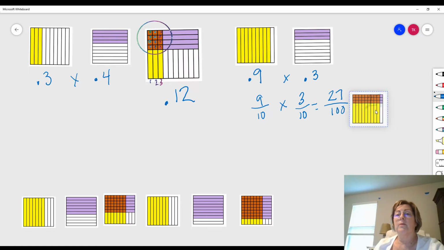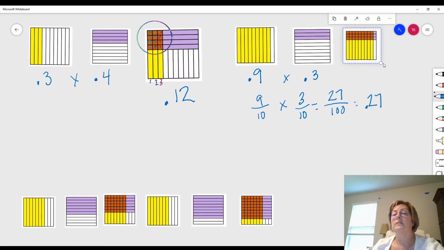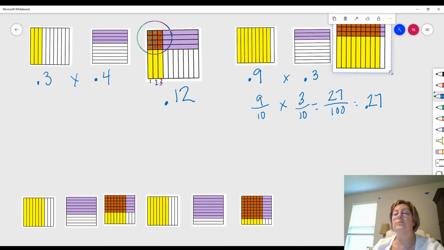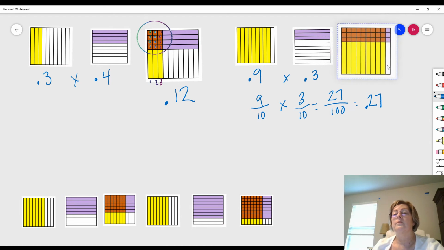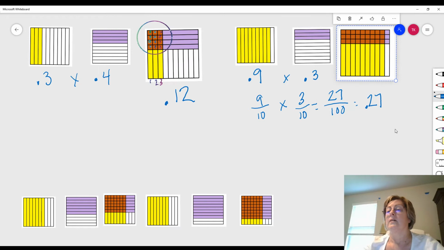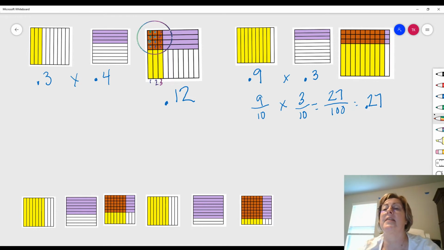Let's bring up our last model. Let me make that a little larger for you. And let's look. So I'm taking 3/10 of each of the 9/10 groups. So that's 1, 2, 3. Let's see if the highlighter works better. 1, 2, 3, 3, 6, 1, 2, 3.